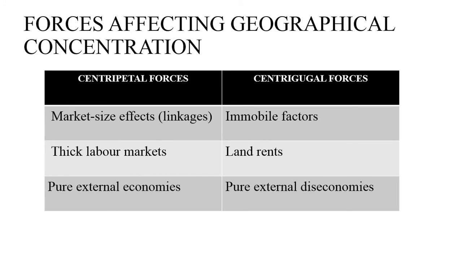So in this case, under pure diseconomies, the more units the entire industry produces, the bigger the average per unit cost is. So obviously, in this case, concentration makes no sense.